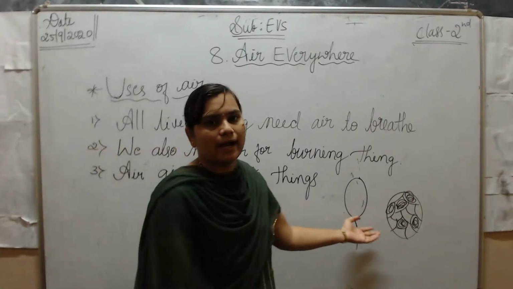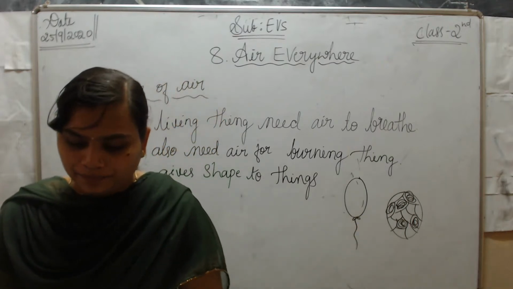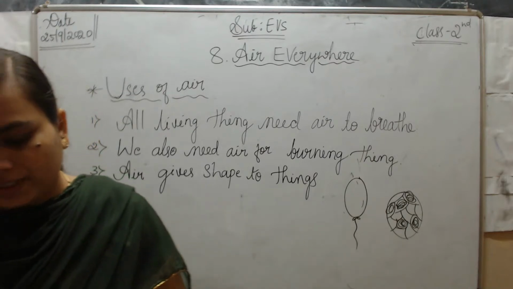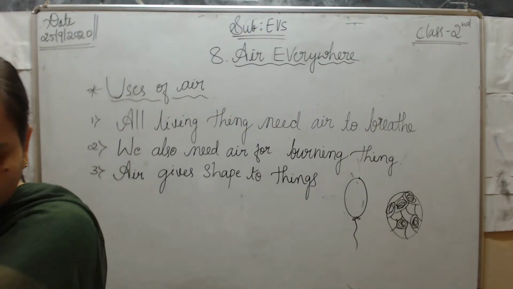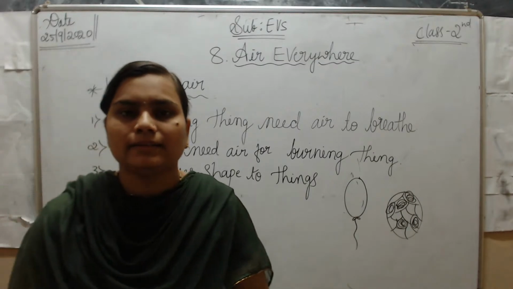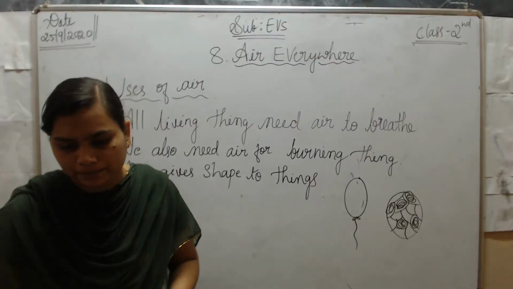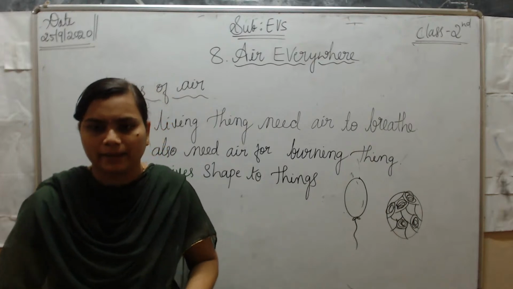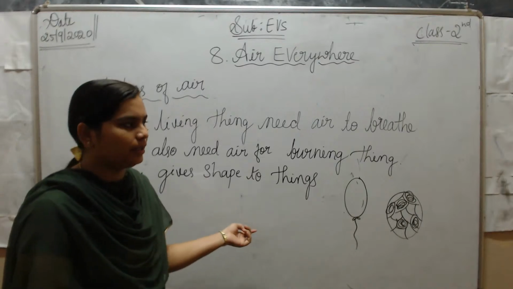This is a balloon and a football. They get their shapes when we put air into them. Other examples are tires, balloons, and footballs, which get their shapes only after we fill them with air.